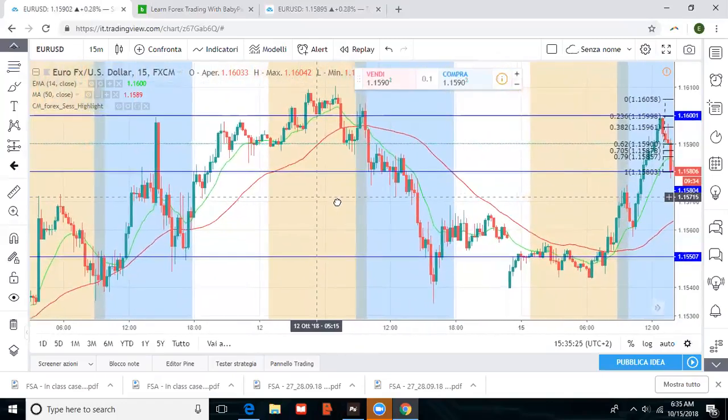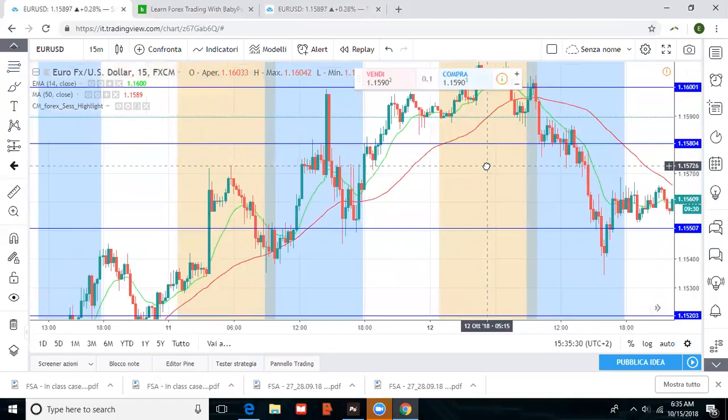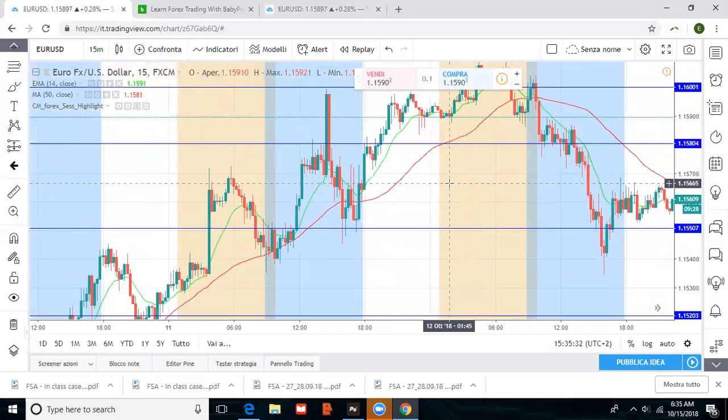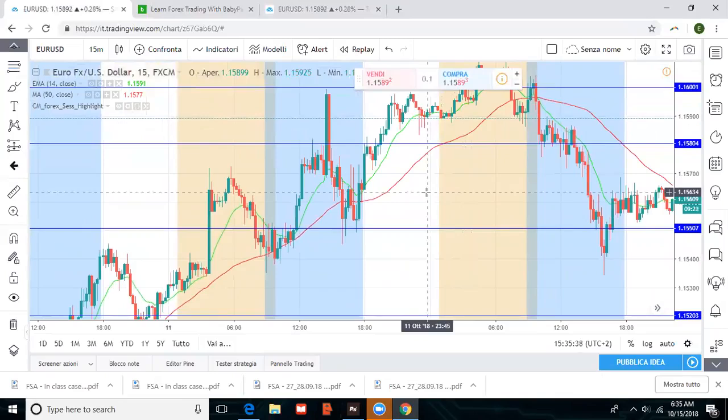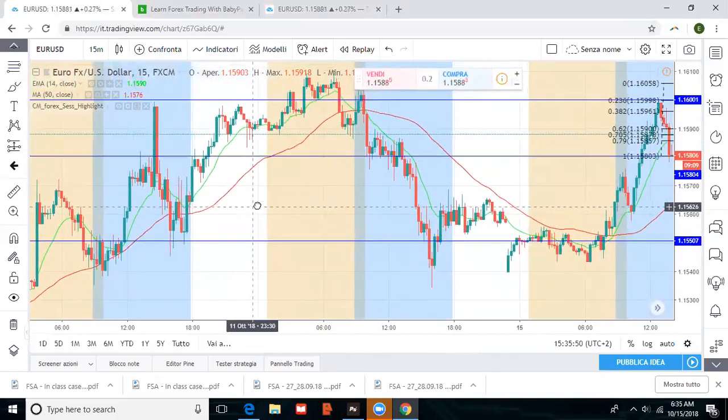As I said, every day you're going to find these patterns and opportunities to trade with this strategy. But sometimes there is big news about the euro or the dollar, and on those days I recommend not to trade because it is risky.